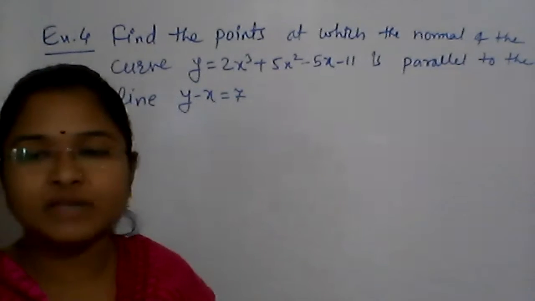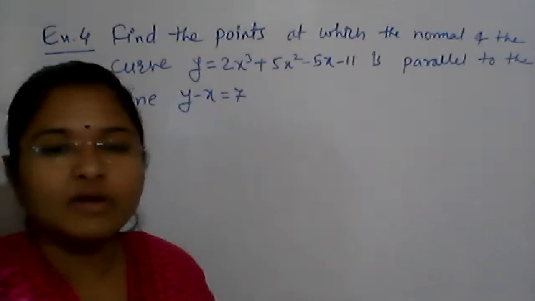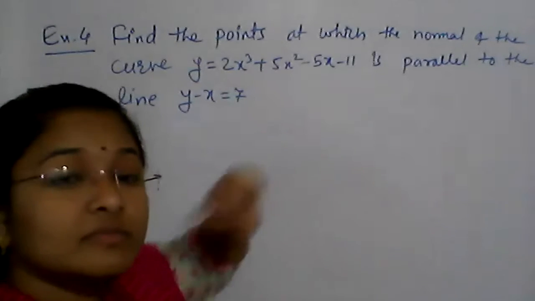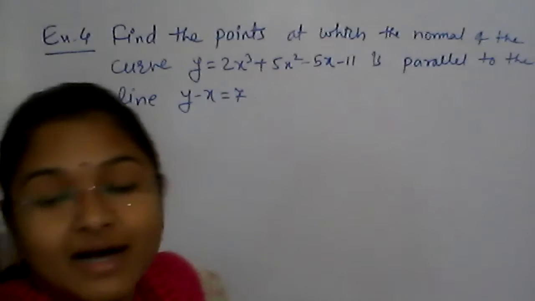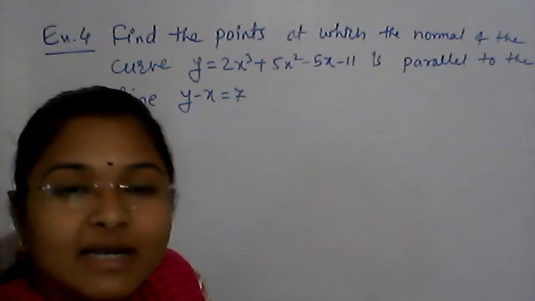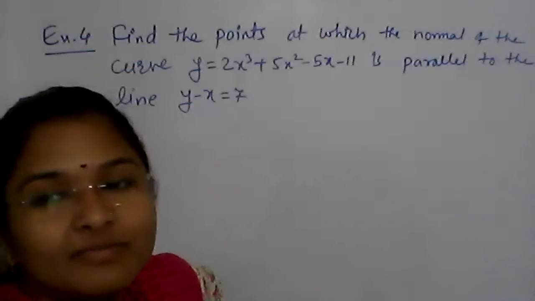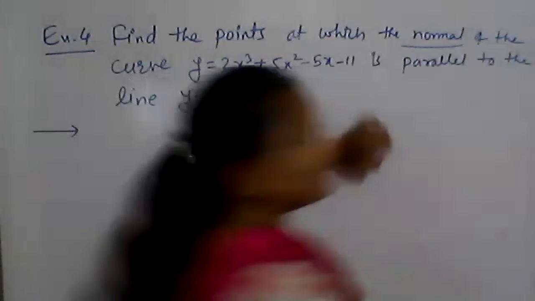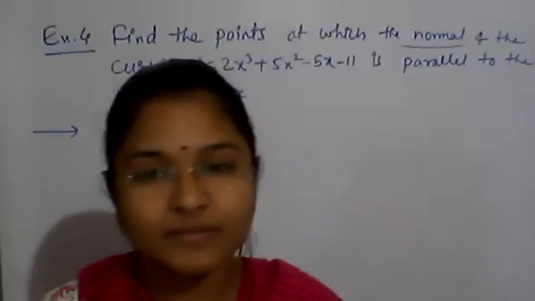Yes, Ajinkya, Atharva. How will you solve it? By finding slopes of both curve and line and then equating them. Here only you will make the mistake. See, the normal is parallel to the line, which means the line is perpendicular to the tangent of the curve. The product of the slope of normal and the slope of tangent is -1.